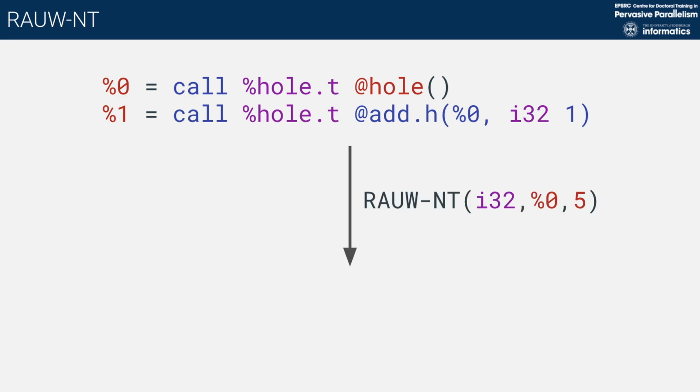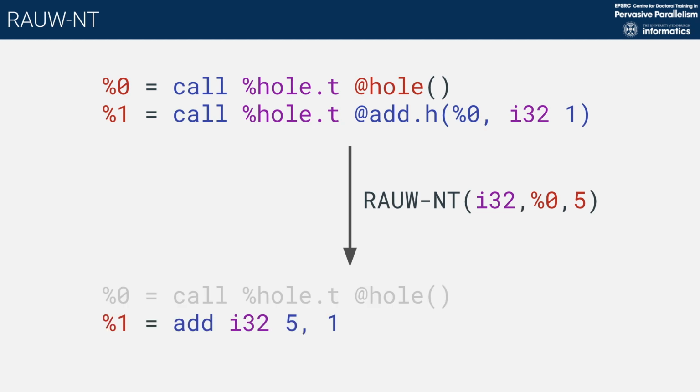The implementation we demonstrate that replaces RAUW is called RAUW NT, short for new type. It mirrors the behavior of RAUW, except that the type of the replacement value is specified along with the value. At a high level, the semantics we expect to see after an RAUWNT call are something like this.